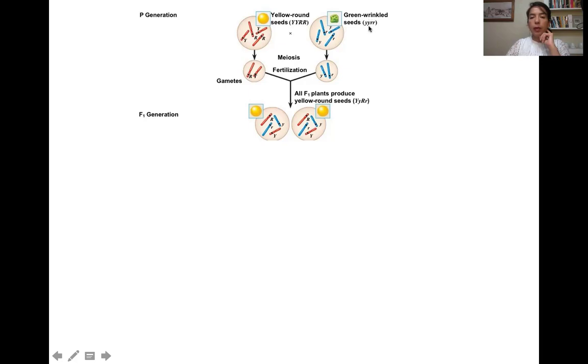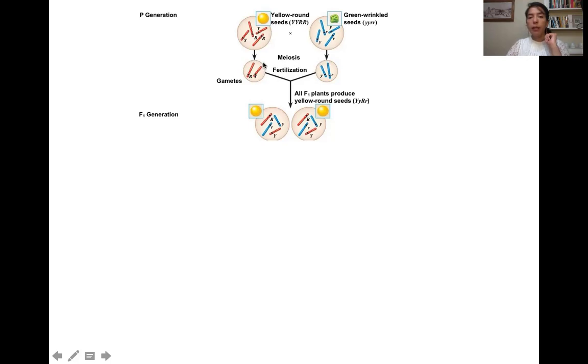So we are going to represent them with little y and little r. Now, these individuals are going to produce gametes through meiosis.